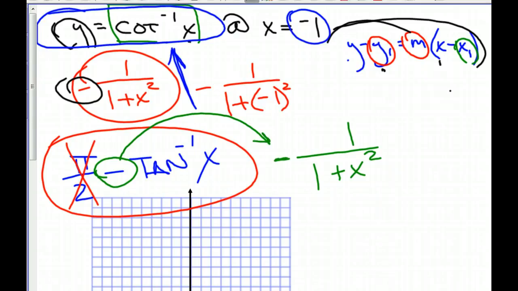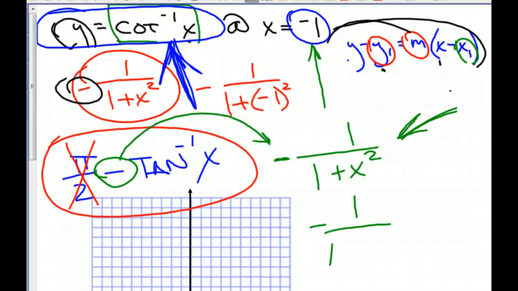So at this point, this here is the equation of any line tangent to our original equation. Now if we plug in -1 for x, we will get the slope at that point, which gives me 1/2 with that negative on it.